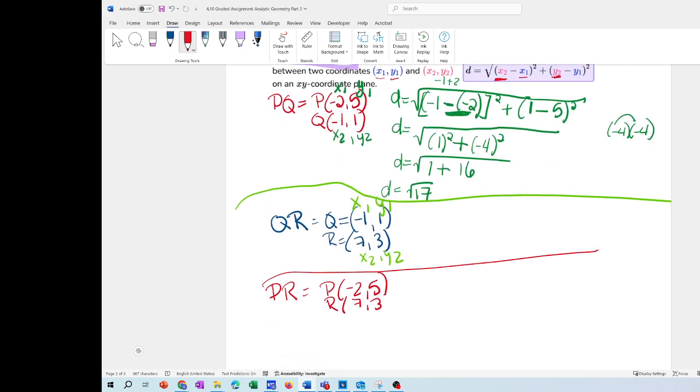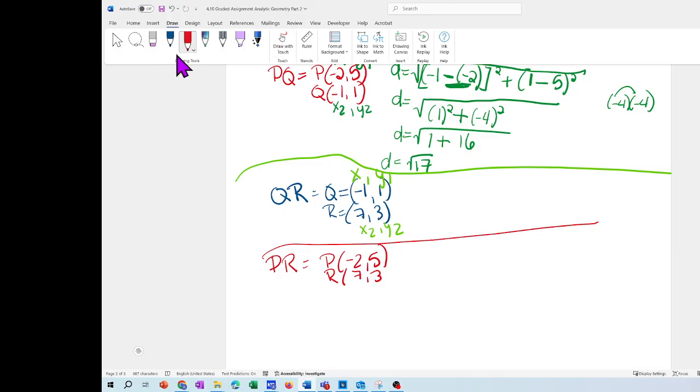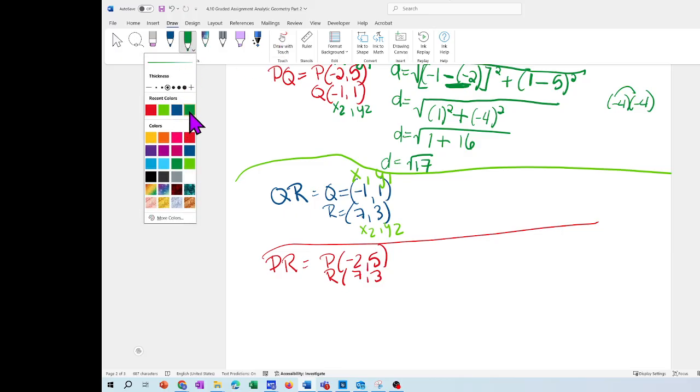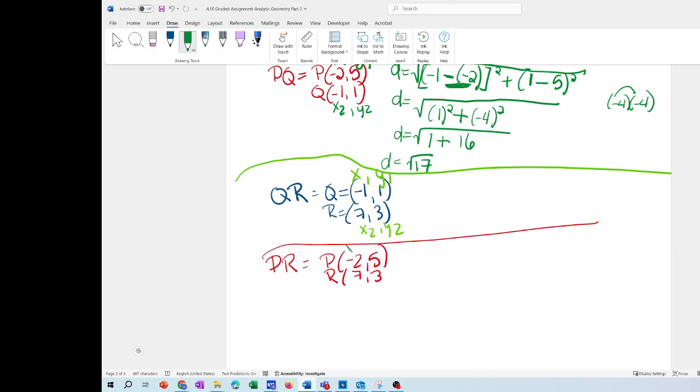And you're going to do the same thing, establish your point 1. I'm going to make point P my first point, x1, y1, R x2, y2. And you're going to substitute it in the distance formula.